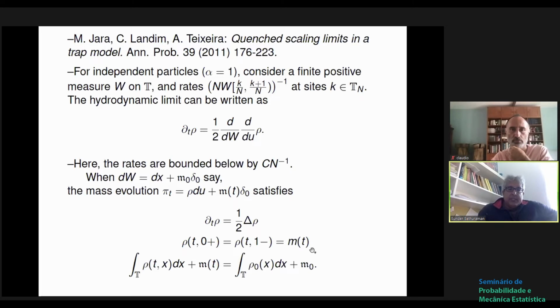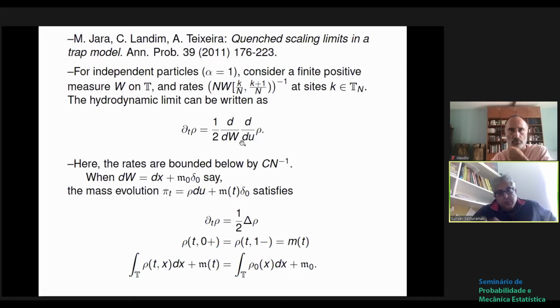You see that the zero location picks up, in the hydrodynamic scale, a point mass, an evolving point mass. And the level of the point mass, if there's only one, you can rewrite in terms of some mass conservation relation.